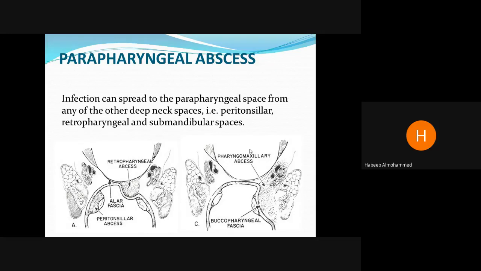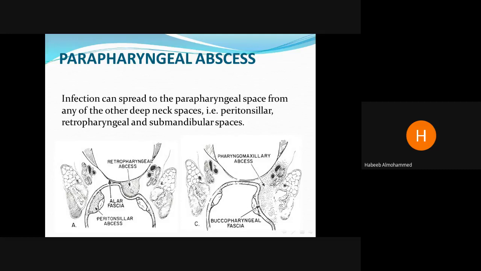As we said, infection will not respect our anatomical boundaries, and one infection may be complicated by infection of other spaces. For example, spread to the parapharyngeal space from any other deep neck space, like peritonsillar extending to the parapharyngeal, or from submandibular to parapharyngeal.